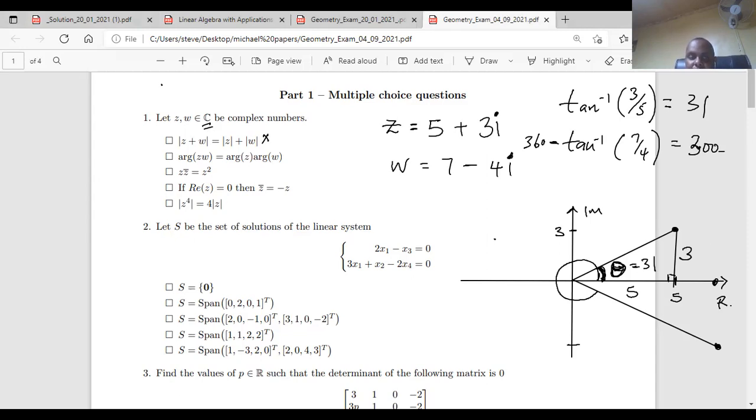Now let's do z times w. Can you multiply z and w? So 31 times 300. No, z and w. So it's 5 times 7, 35.